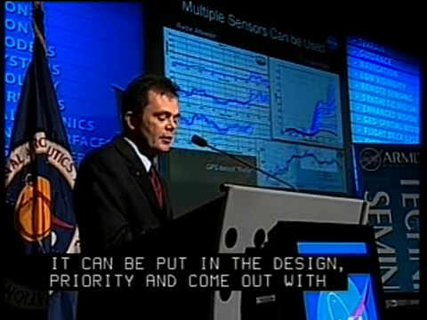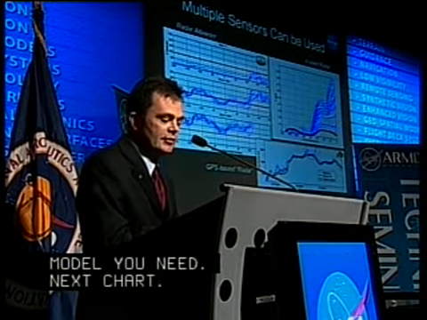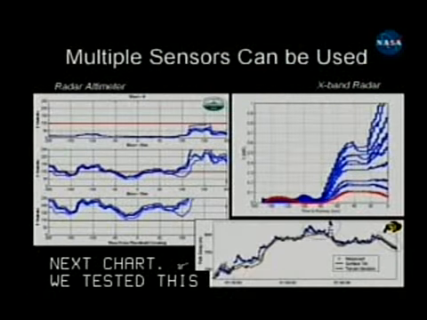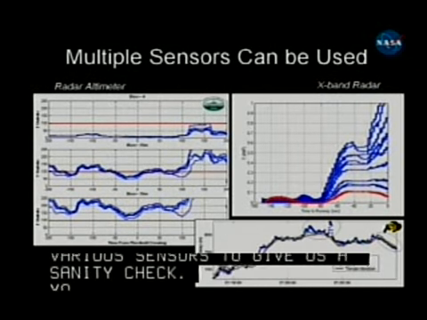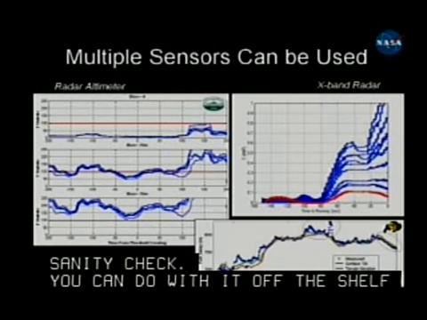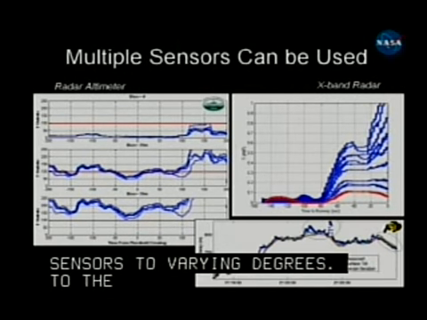Okay, next chart. And we tested this approach using various sensors to kind of give us a sanity check, and it turns out you can do it with off-the-shelf sensors to varying degrees. The one on the left is a radar altimeter approach. The radar altimeter is available on most airplanes, and if you have that, it's making a measurement looking down of where the ground is, your height above the ground.